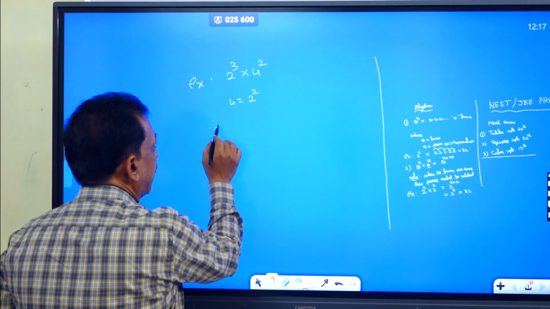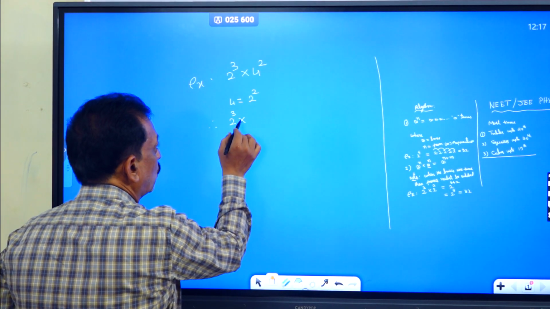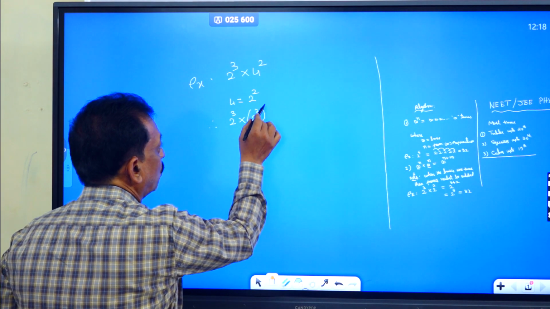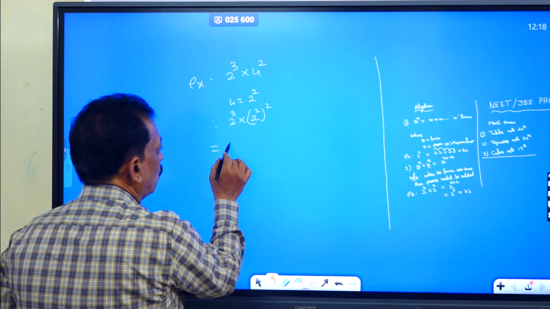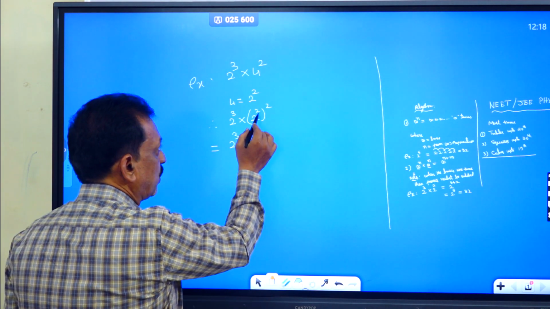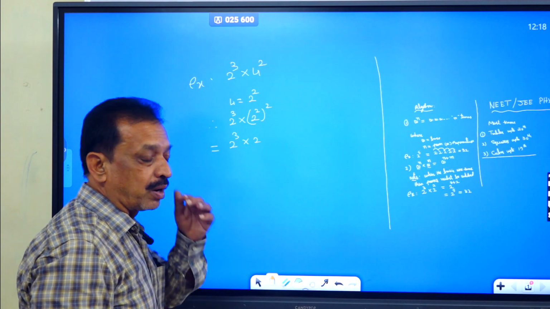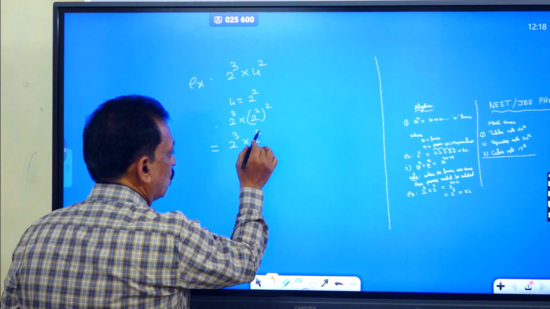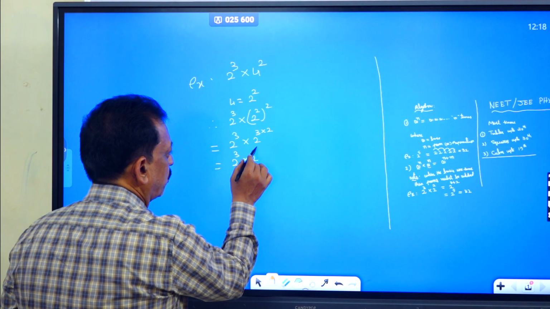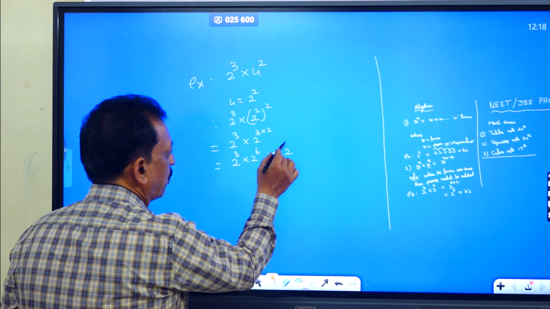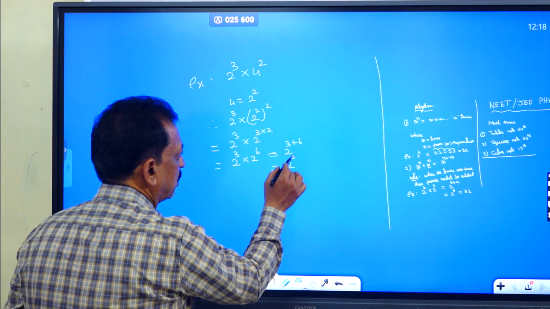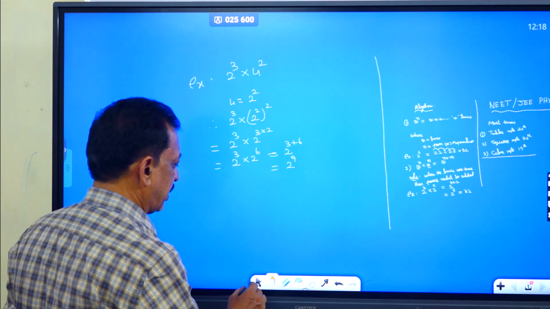So you can write 2 to the power of 3 into 2 to the power of 2, whole to the power of 2. This is in the form of a to the power of n, whole to the power of m, equal to a to the power of n into m. So that is 2 to the power of 3 into 2 to the power of 6, which gives 2 to the power of 3 plus 6, that is 2 to the power of 9.